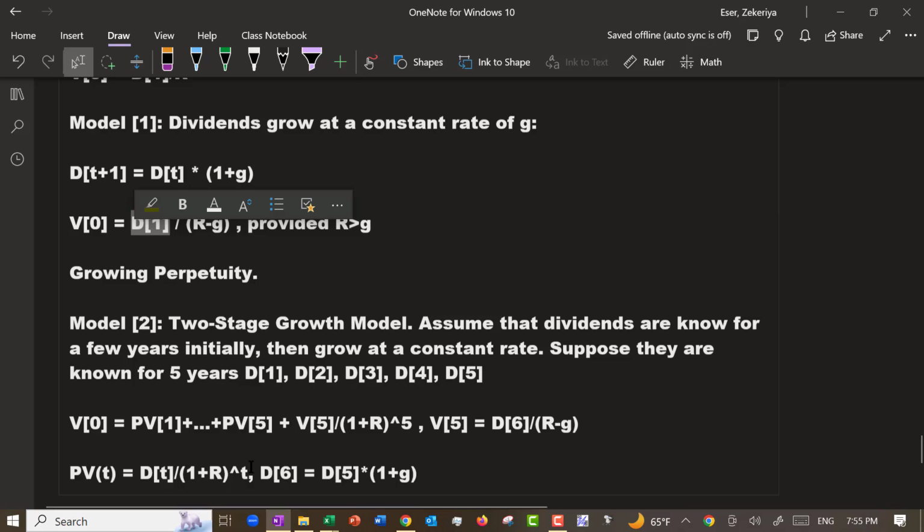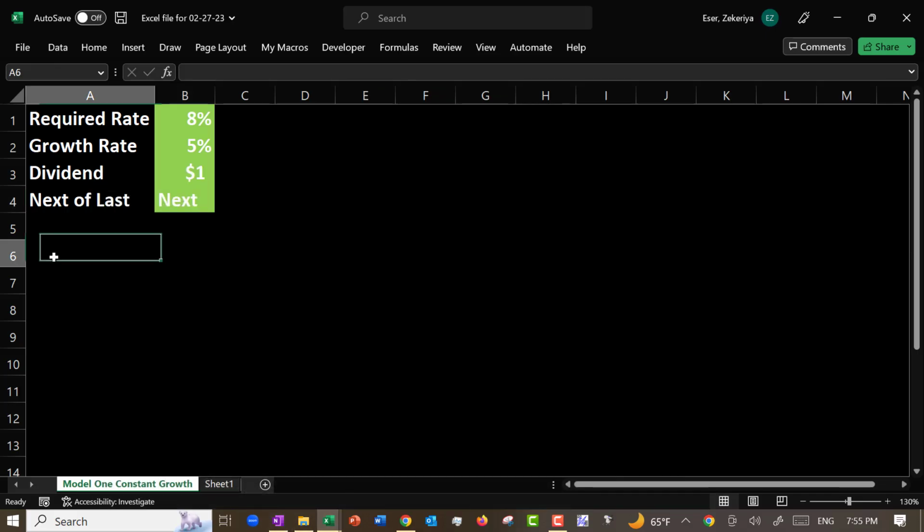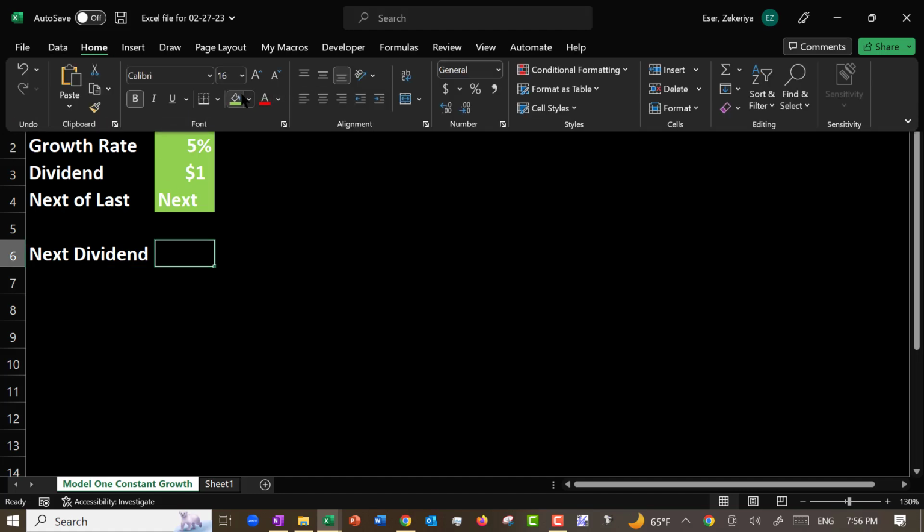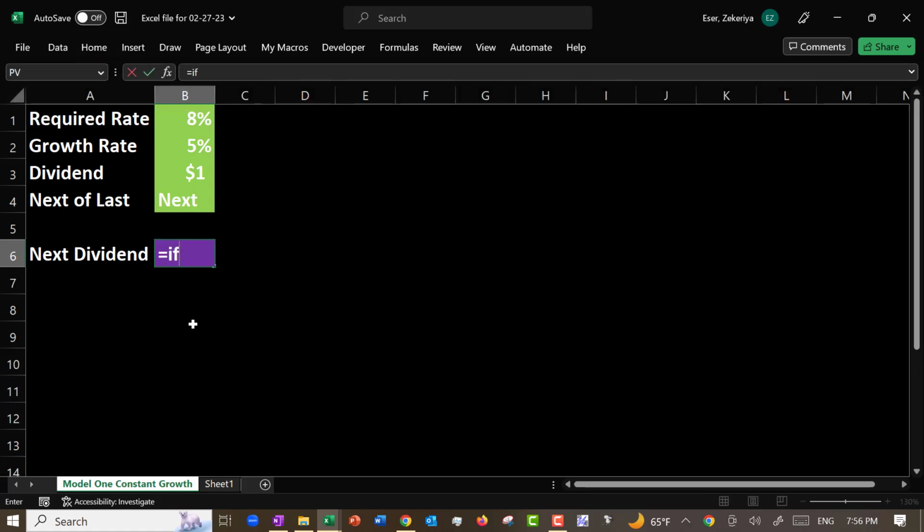But if I already told you what next year's dividend is going to be, it's going to use that one. Next dividend divided by discount rate minus growth rate.